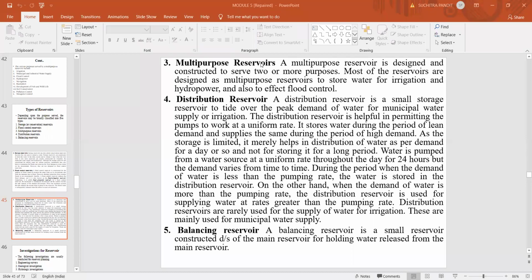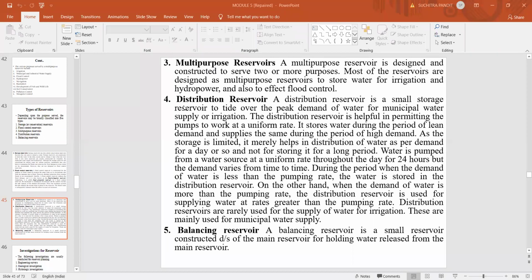Because if a reservoir serves many purposes, the cost can be recovered by supplying water for various purposes. Hence the cost of construction can be recovered because we get back the investment that has been made. So generally reservoirs are designed and constructed to serve more than one purpose.